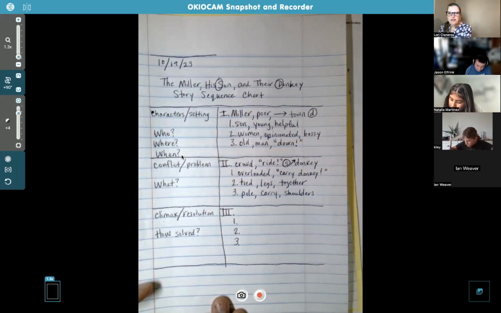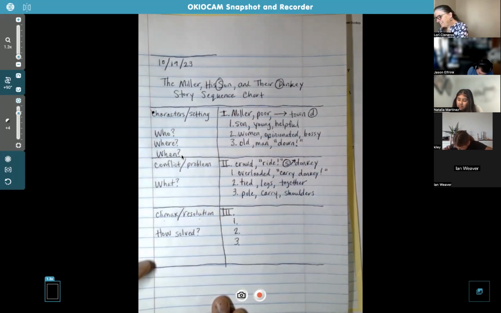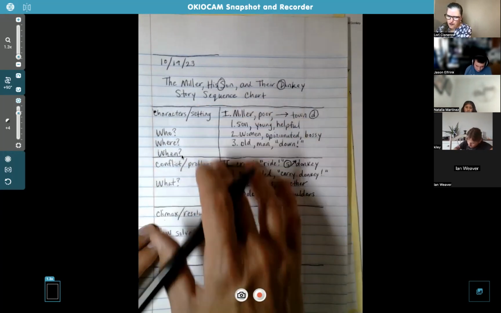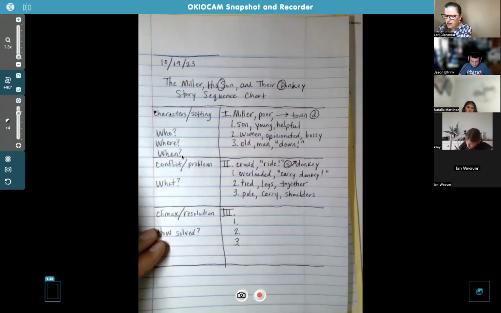So the problem was the donkey was overloaded, but we got a second problem here because now the poor donkey's tied up. So the donkey's the one with all the problems, right? Now we're entering into the third part of the story. This next section here is the climax and resolution.